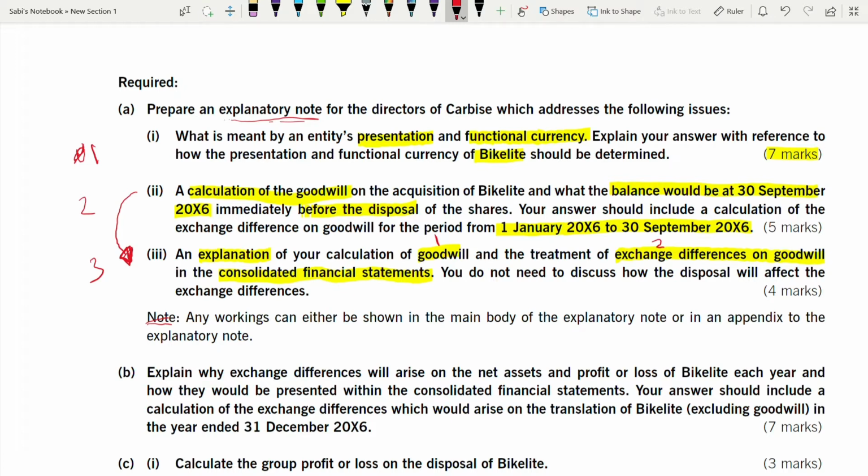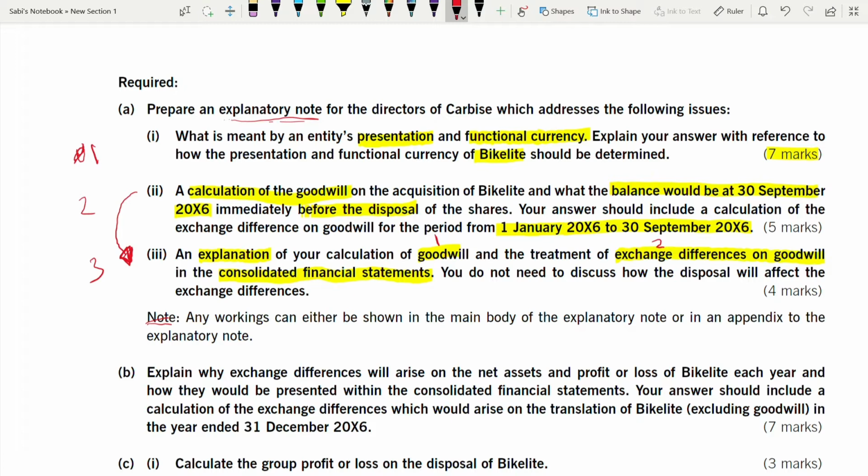They just read the paper, no highlighting, no underlining. Then when you start answering your requirements, you come and try to find the important words again. You reread it and waste time. So 2 things you have to explain: how in the consolidated financial statements it will be treated. And don't stop here. Read the full requirements before you answer.